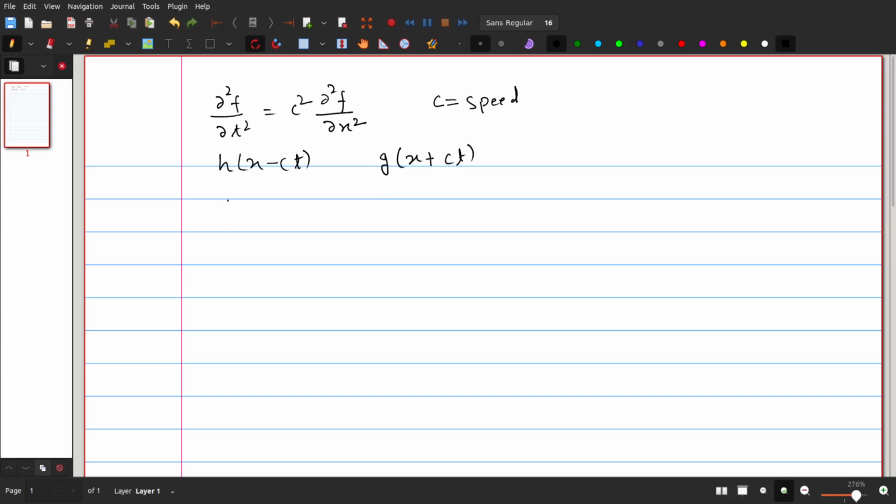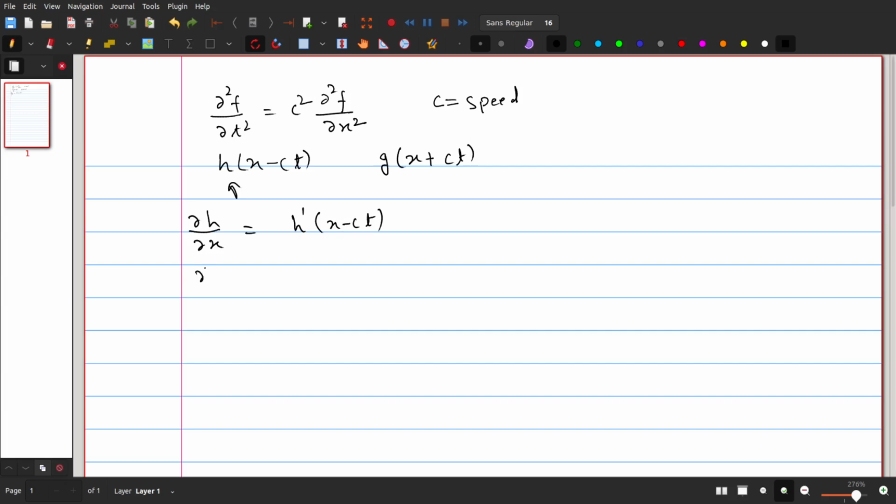In order to see that h(x − ct) solves this equation, consider the partial derivative of h with respect to x. This will be equal to the first derivative of h, which we denote by h′, with respect to its variable. It's a single variable function, so h′ evaluated at x − ct, and then the partial derivative of x − ct with respect to x, which is simply 1.